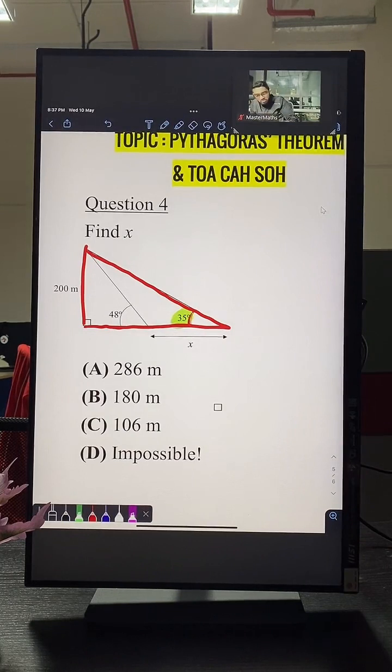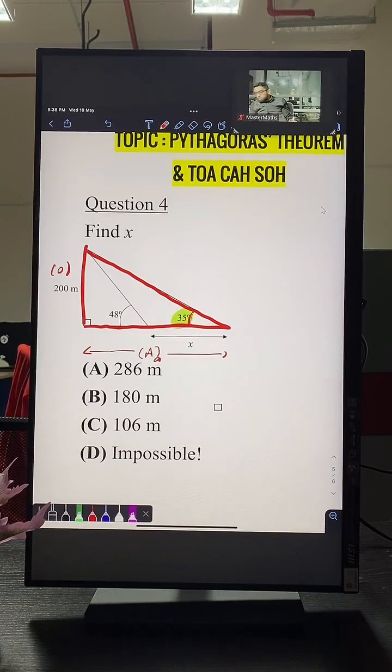So I have the opposite length, which I'm going to put as O, and I want to find the adjacent length, A. Let's label this as a small a. Again, I have the opposite length, which is 200 meters, and I desperately want to find this length here, which is adjacent.